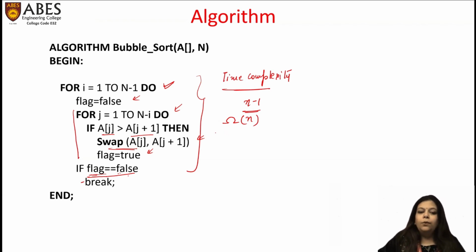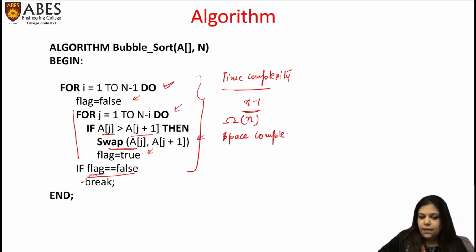Now, if we talk about the space complexity, then we can see that the only extra variables that are required are i.